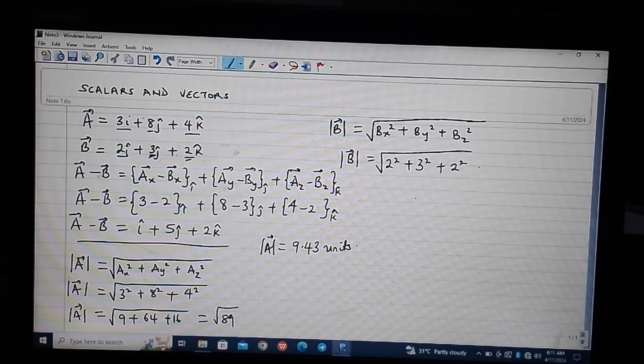So this is equivalent to saying 2 squared is 4, 3 squared is 9, 2 squared again is 4. So when you add this, you have 17, and the square root of 17 gives us 4.12 approximately. So we say the magnitude of B is 4.12 units.